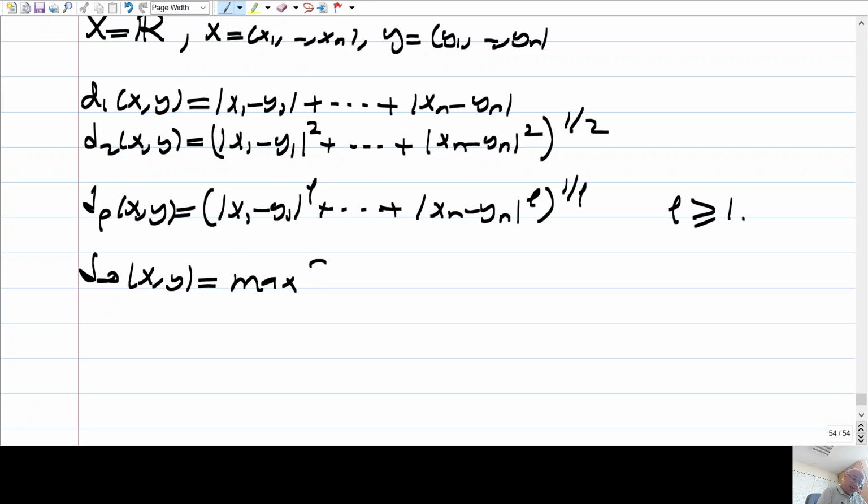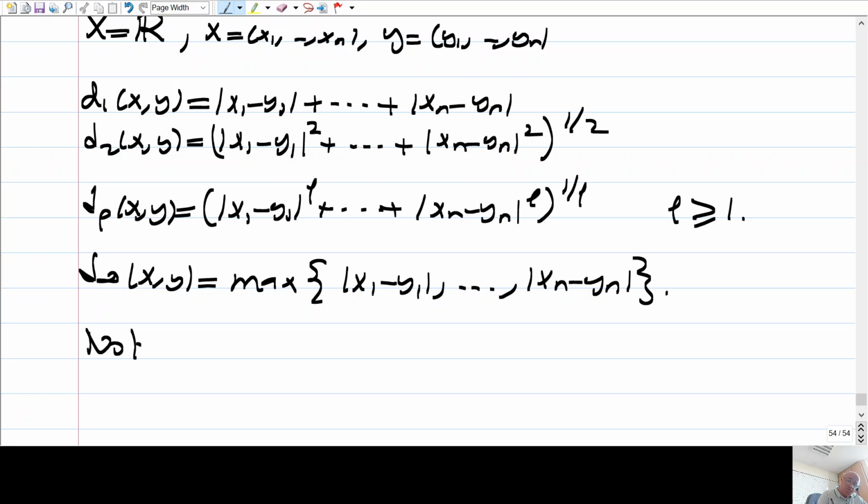This was the maximum of |x1 minus y1| up to |xn minus yn|. I take the maximum of these absolute values of the differences. All right, so what are the relations between these metrics? Now let me start with the last one.